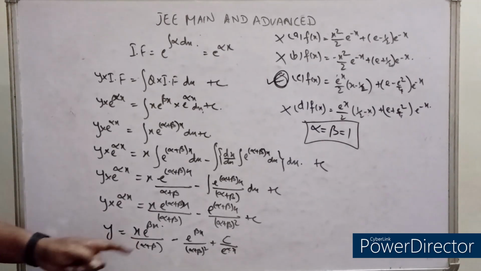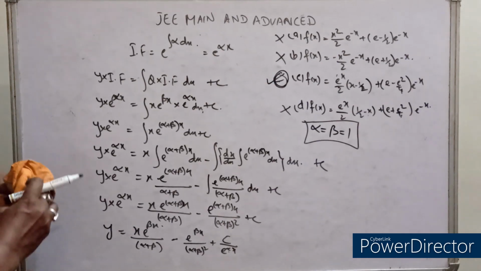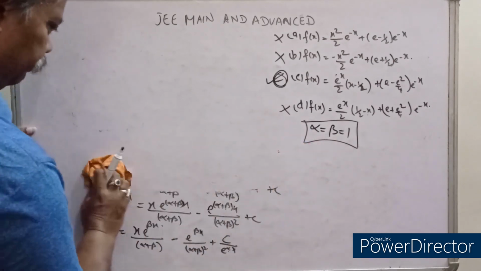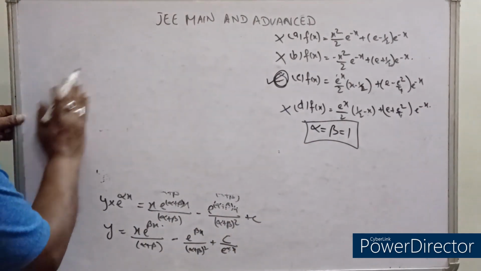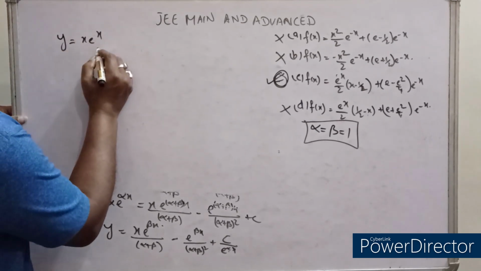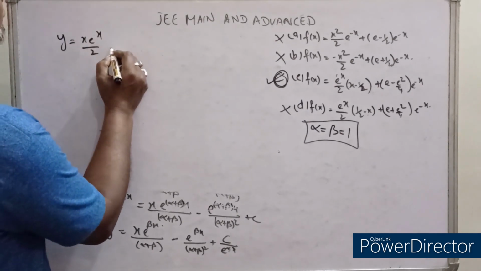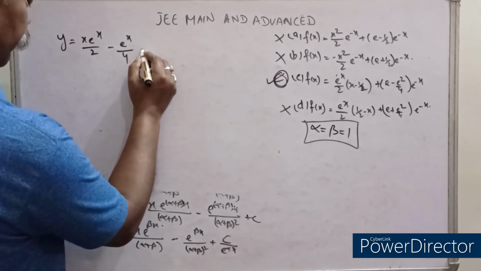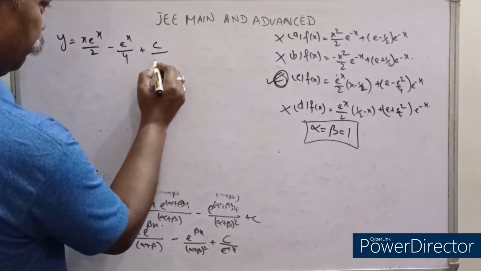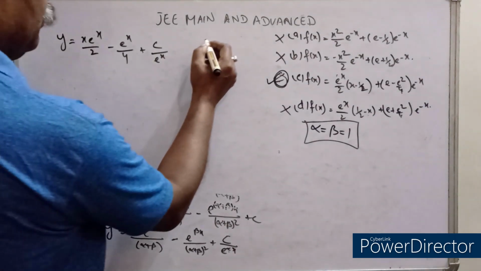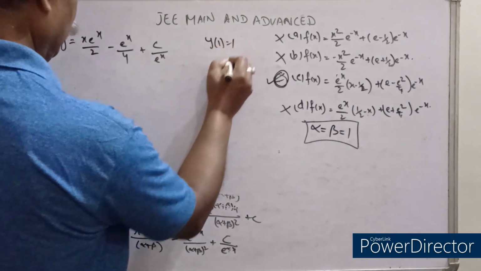Now when I take alpha equal to 1 and beta equal to 1, this will become like this: y is equal to x e to the power of x by 2 minus e to the power of x by 4 plus c e to the power of minus x. Now it was given to you that y(1) is equal to 1.